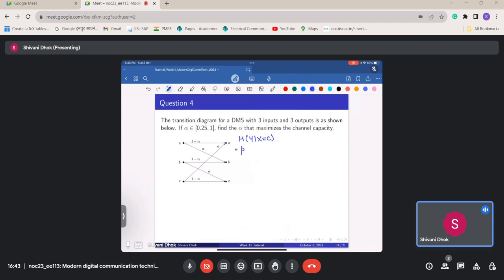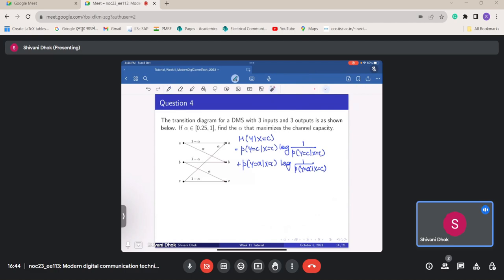So this comes out to be probability that y equal to c given x equal to c into log of 1 upon probability that y equal to c given x equal to c, plus probability that y equal to a given x equal to c into log of 1 by probability that y equal to a given x equal to c.